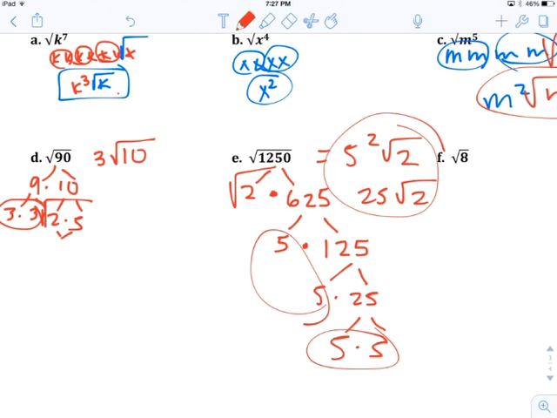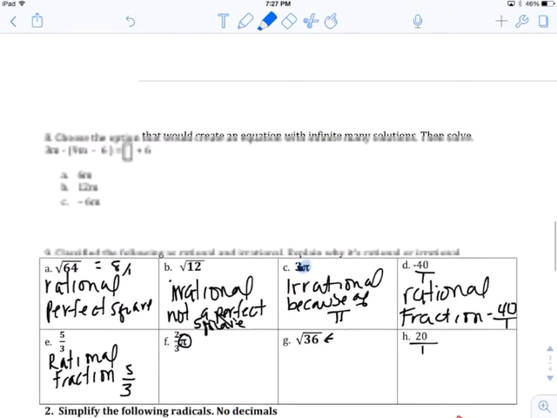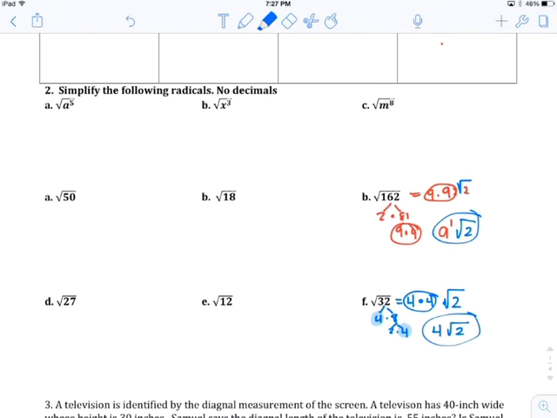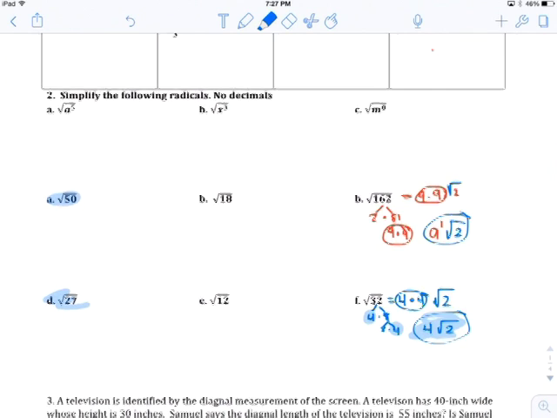You won't have anything as hard as that. You'll just have these types right here and right there, okay? Mostly like this and like this. Not even that hard, like 50. Like one of these we did in class.